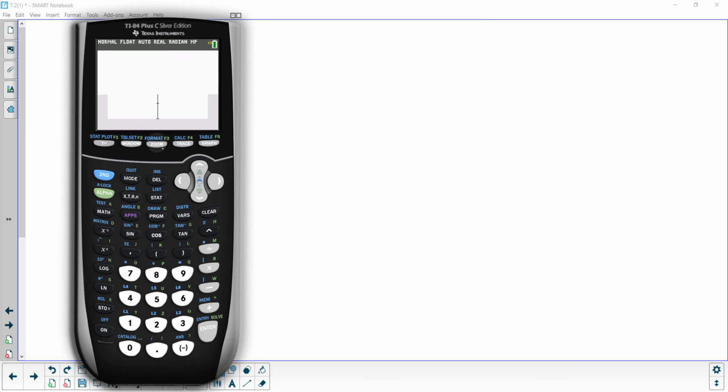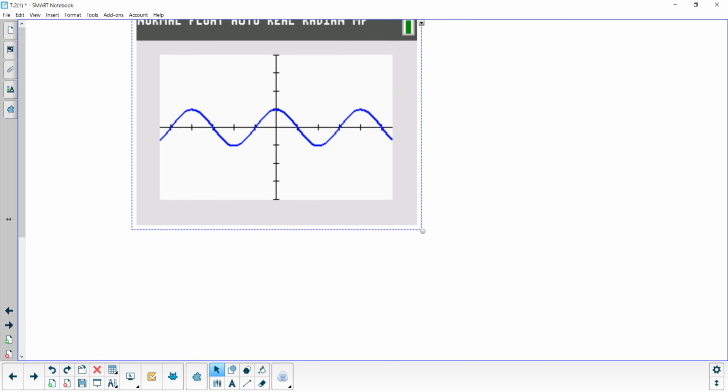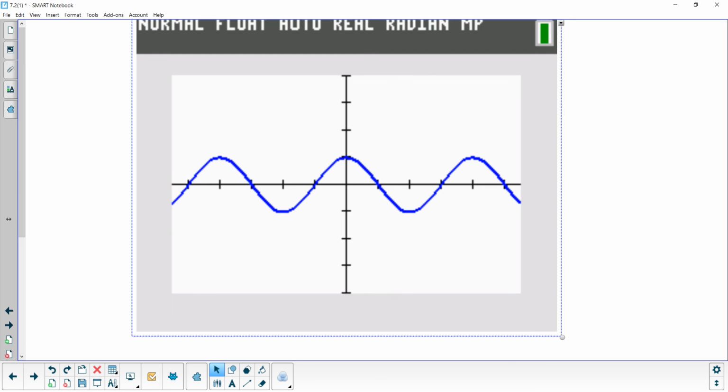And let me do zoom 7. Does that graph pass the horizontal line test? No. That fails the horizontal line test because it would hit more than once.